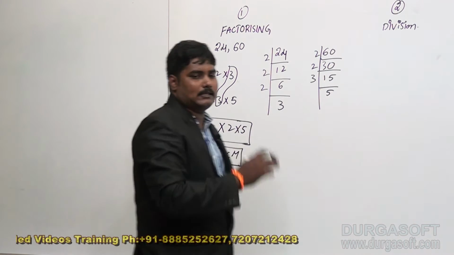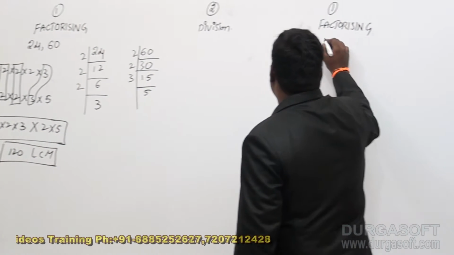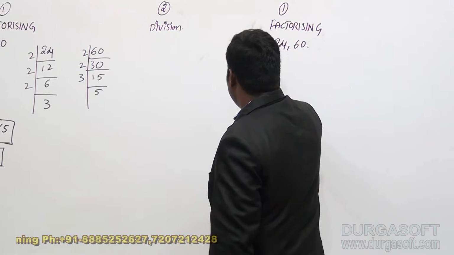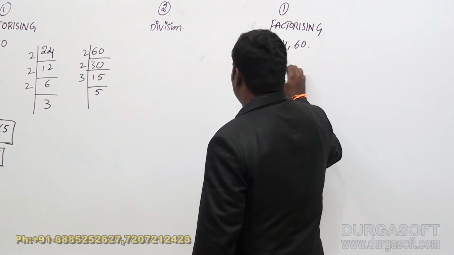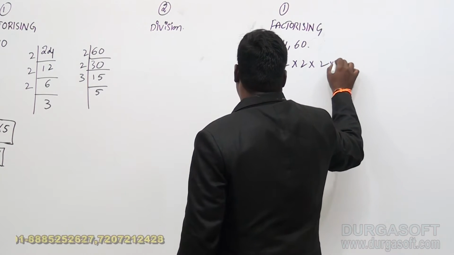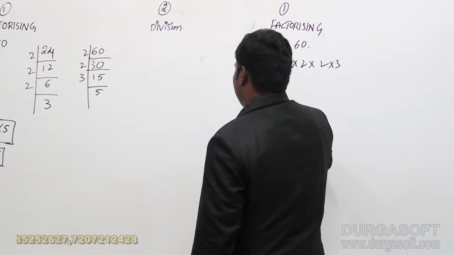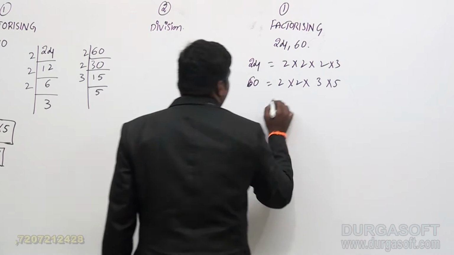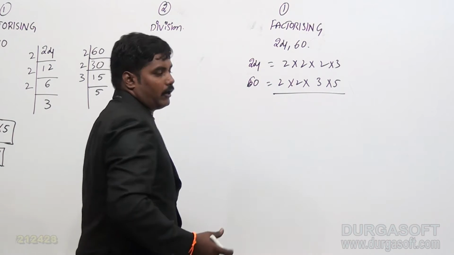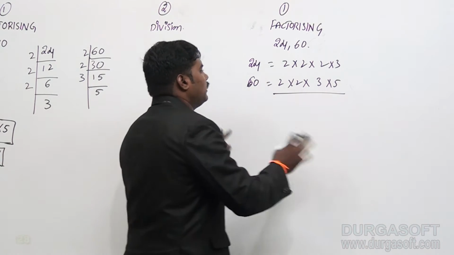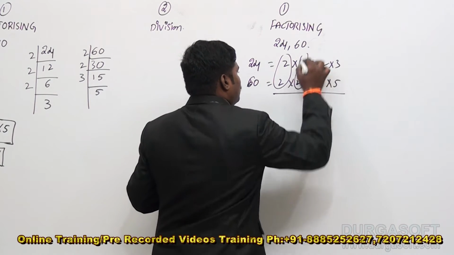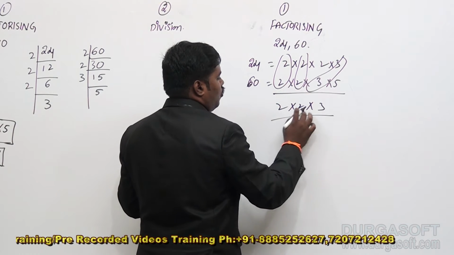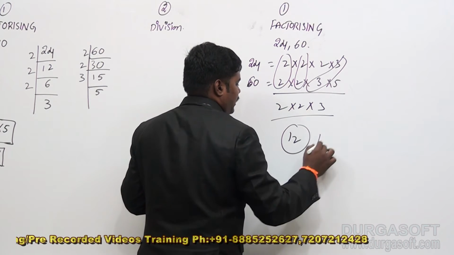Coming to the HCF by the factorization method, the highest common factor for 24 and 60: 24 factors are 2 into 2 into 2 into 3, and 60 factors are 2 into 2 into 3 into 5. HCF is the highest common factor, the maximum that is common. Only 2 into 2 into 3 is common, so 2 into 2 is 4, 4 into 3 is 12. This is the HCF.